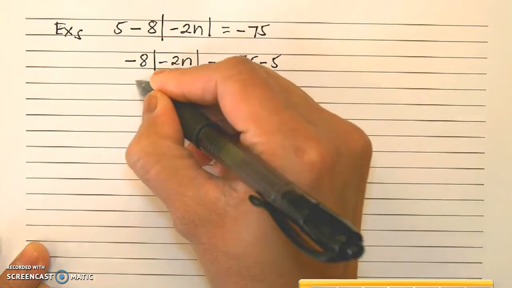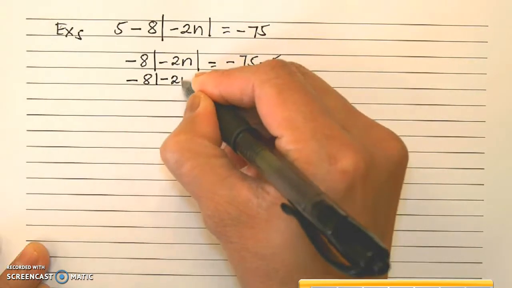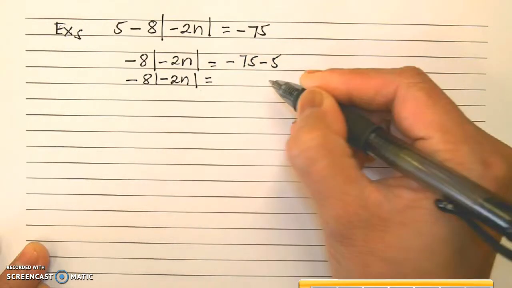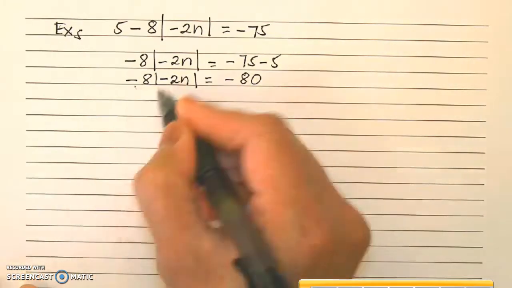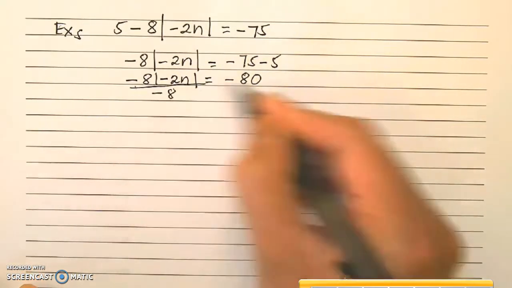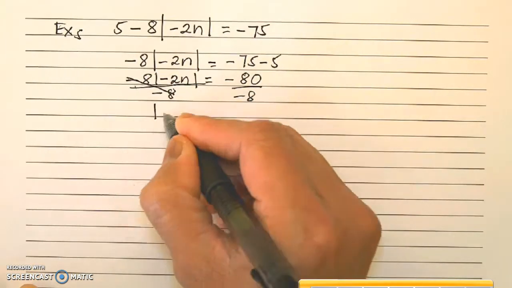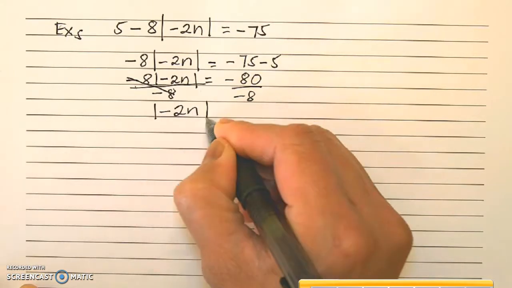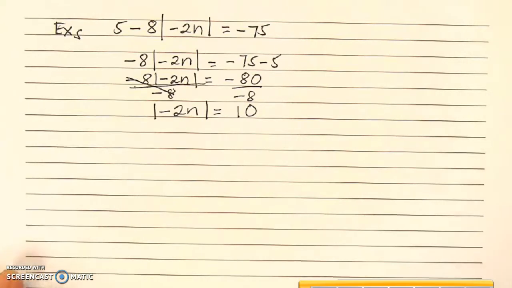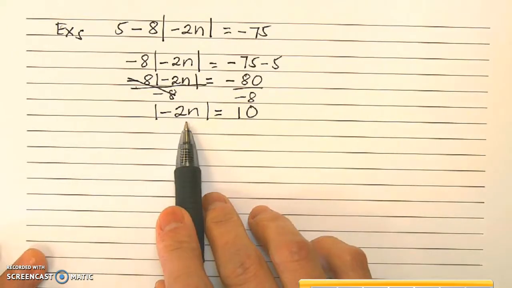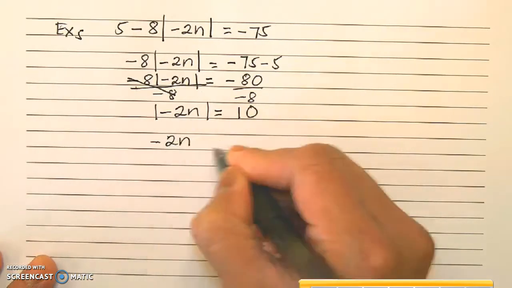This now will turn to negative 8 times the absolute value of negative 20n equals negative 80. That must be removed by dividing. So this side now is just the absolute value, and this side is positive 10. So now that this side is solely dedicated to the absolute value, we can solve by doing this.